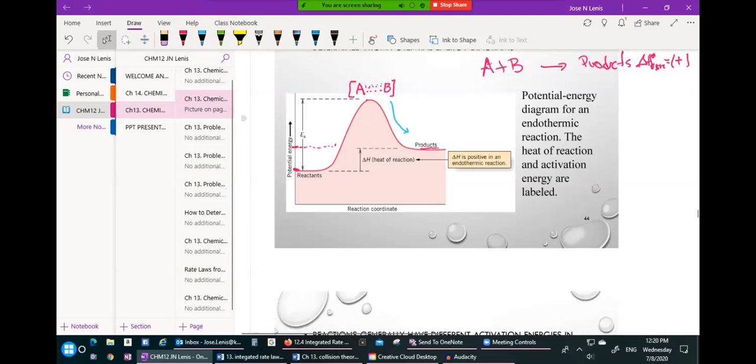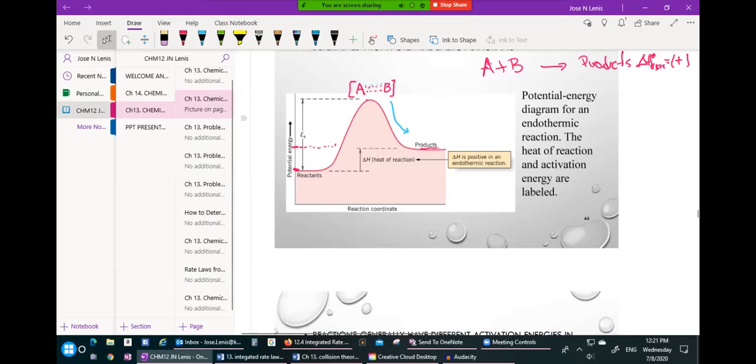So at this position that we call the transition state, we have the activated complex because the reactants reached the activation energy, the minimum energy needed for that particular reaction, needed for those particular reactants to form the new bonds.